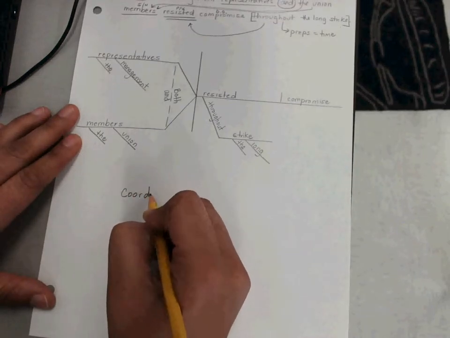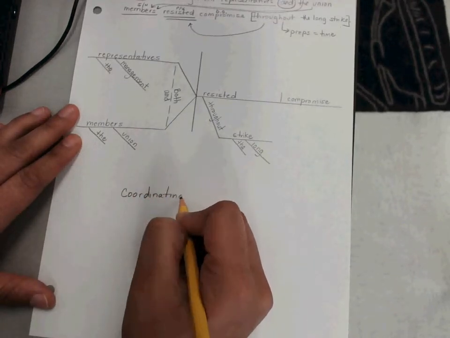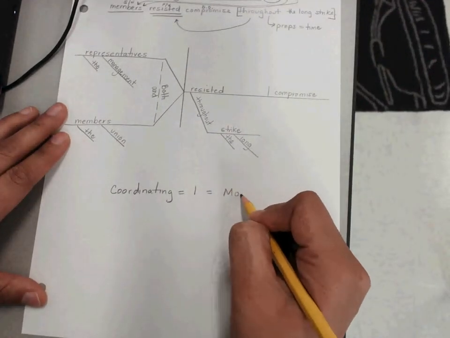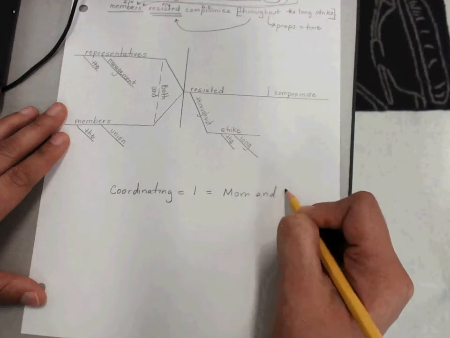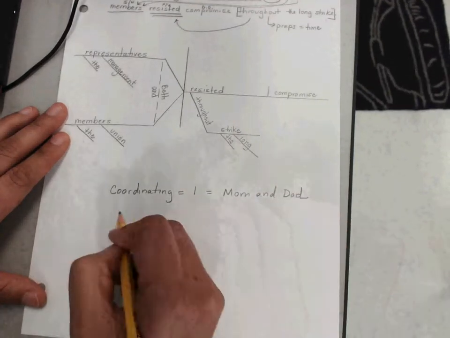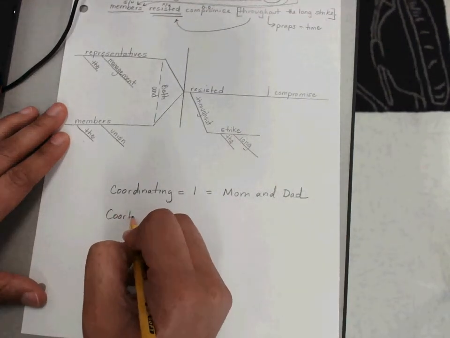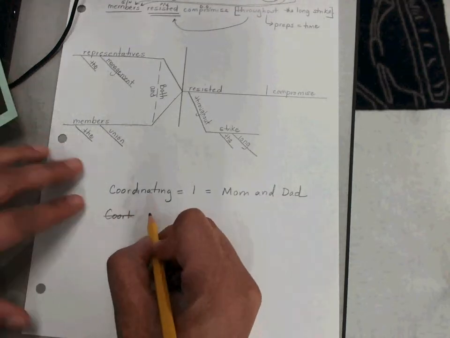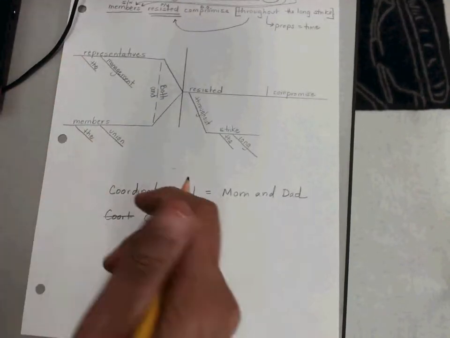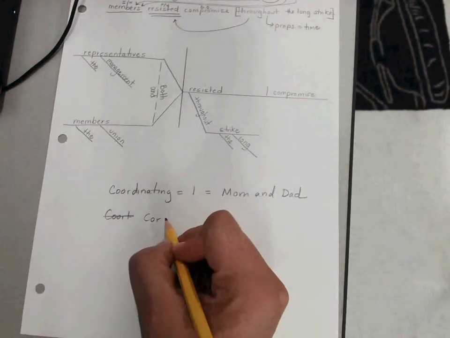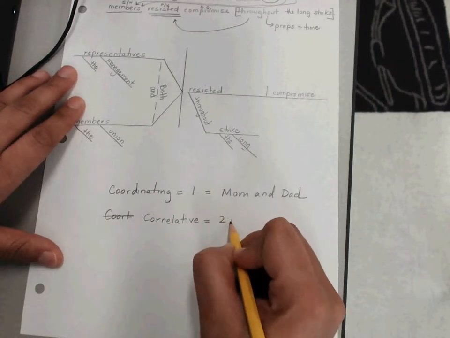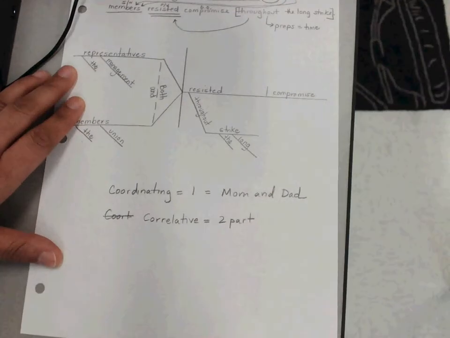So you have coordinating, which is when you have one, which would look like this, mom and dad. But then you have correlative. Ooh, Miss Russell's spelling. Okay, so correlative means that you have a two-part conjunction.